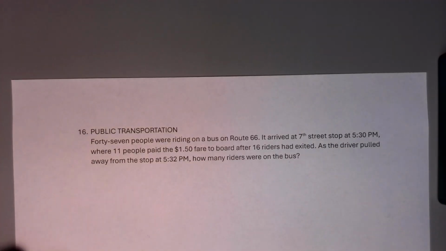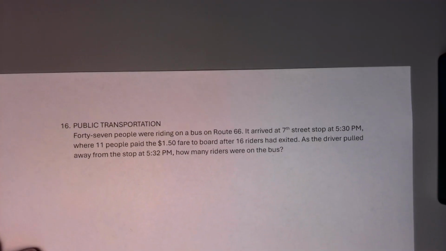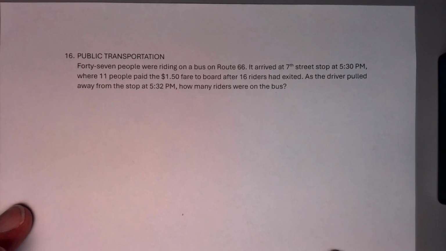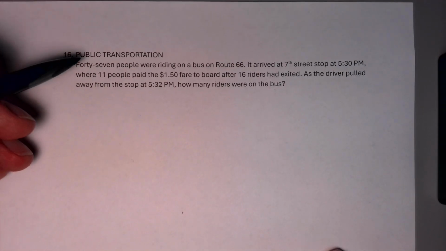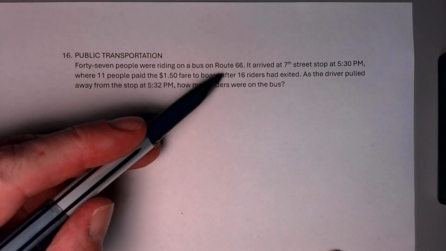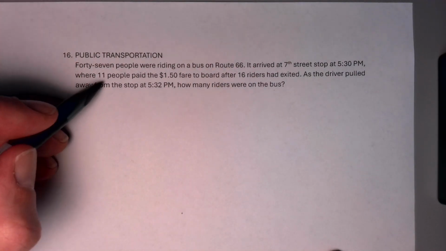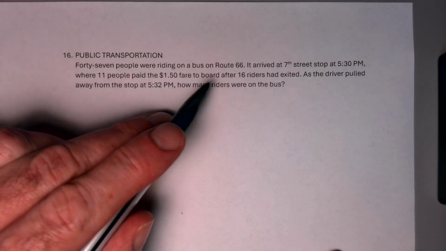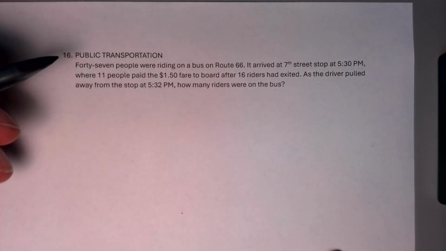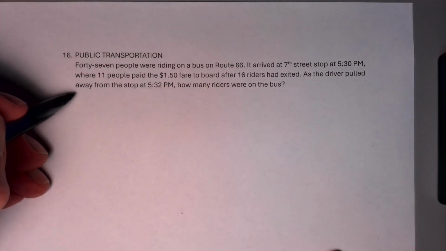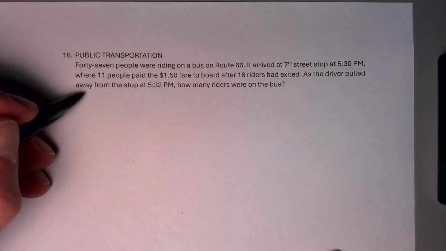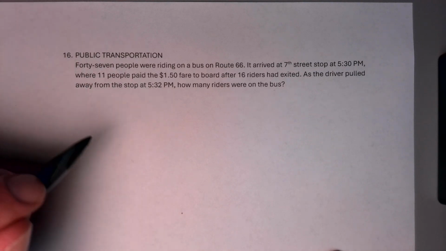So, one more here. So we have 47 people on a bus driving down Route 66. Arrives at 7th Street, 5:30 p.m. 11 people pay the fare to get on board and 16 people exit. As the driver pulls away from the stop, how many riders were on the bus?